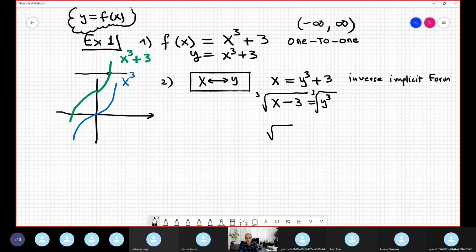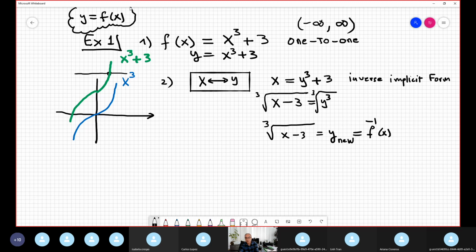Therefore, cubic root of x minus 3 is equal to y, only one y, because cubic root and cubic power undo each other. And this new y is the inverse function.